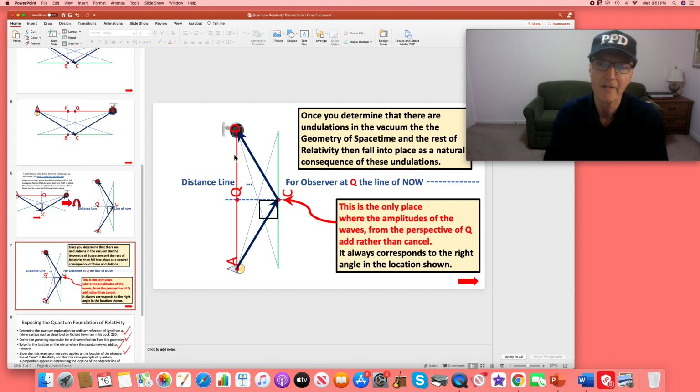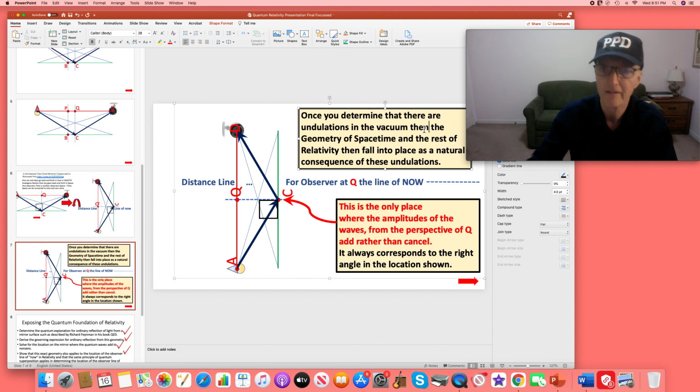So here I say, once you determine that there are undulations in the vacuum, then the geometry of space-time and the rest of relativity fall into place as a natural consequence of these undulations.